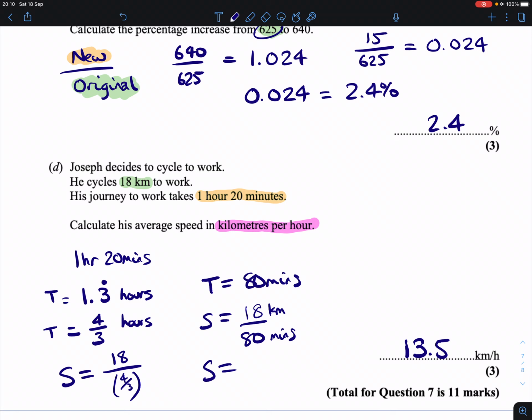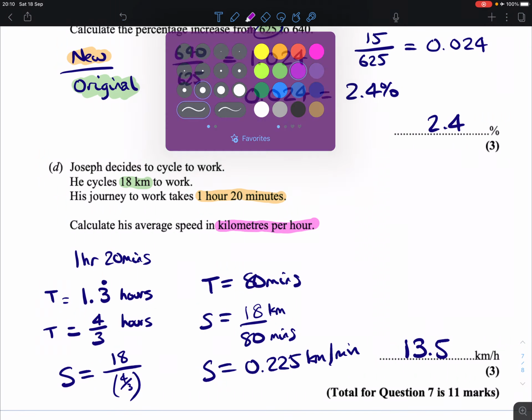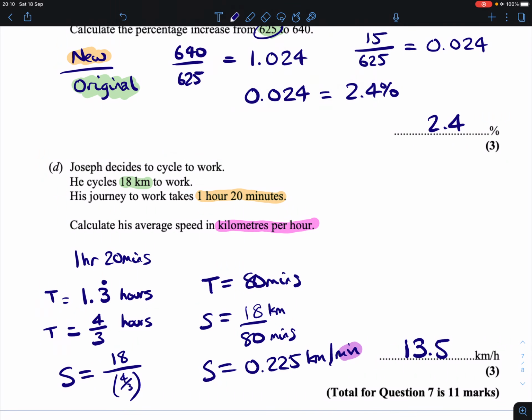When you do this sum, you're going to end up with 0.225. That is 0.225 kilometers per minute. And then if that's how many kilometers you get in a minute, you would need to multiply it by 60 in order to make it how many kilometers you travel in an hour. Either way, 13.5 is our answer. Done.